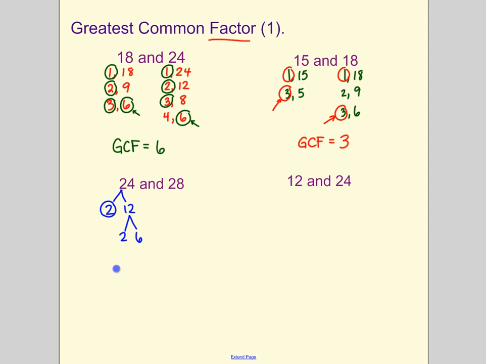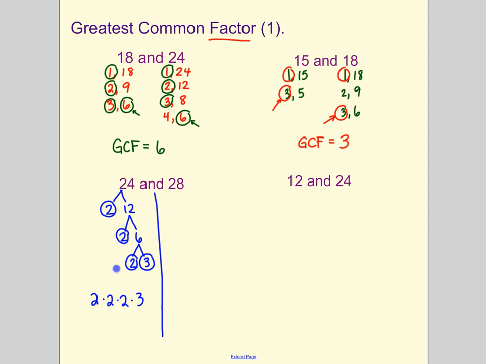And again, if you are not sure what a factor tree is or this prime factorization, go back and watch a video on prime factorization that I have posted. 6 is equal to 2 times 3. So 24, I'm going to write this out, 2 times 2 times 2 times 3.